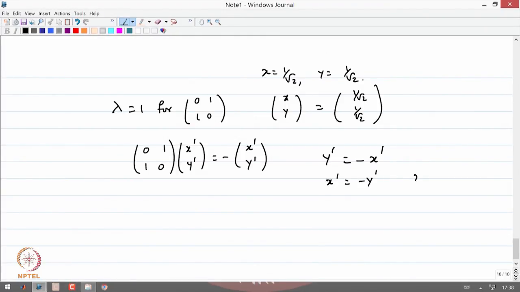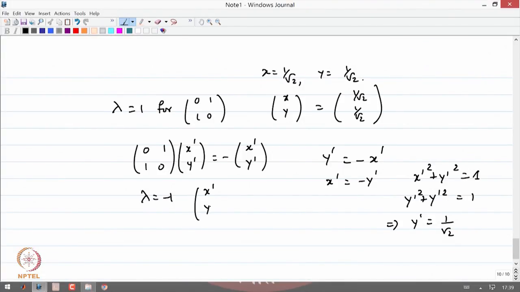But again, x prime squared plus y prime squared we will keep as 1. Therefore y prime squared plus y prime squared is equal to 1, which means y prime is equal to 1 by root 2. If y prime is 1 by root 2, then x prime is minus 1 by root 2, because it is minus y prime. Therefore, for lambda equal to minus 1, the solution (x prime, y prime) is (minus 1 by root 2, 1 by root 2).